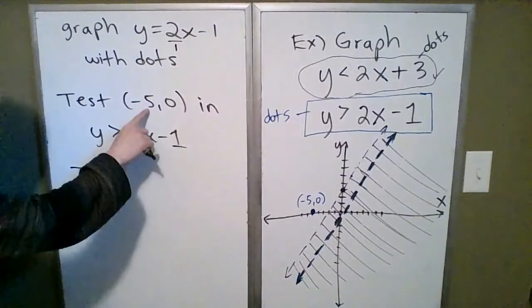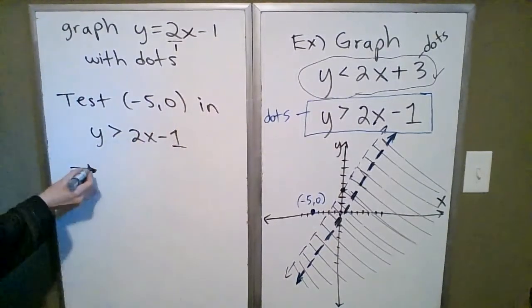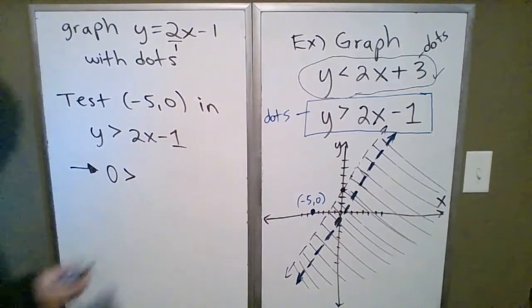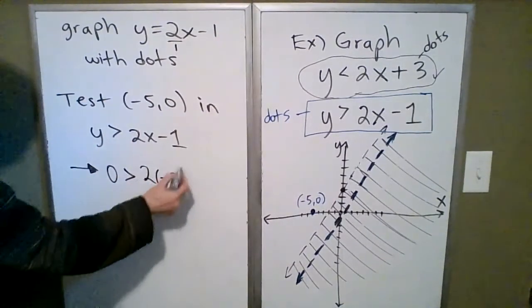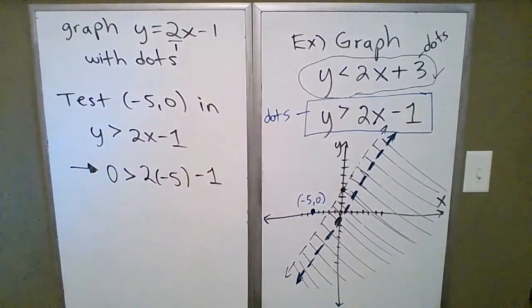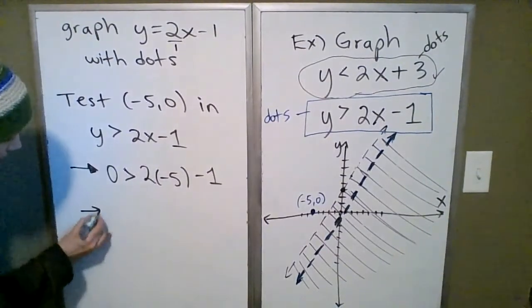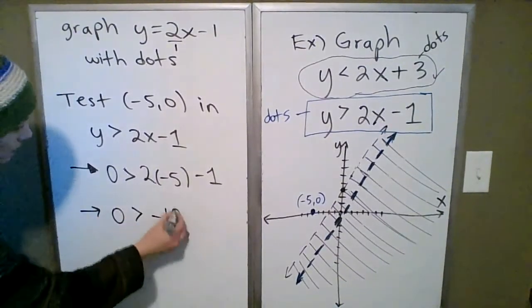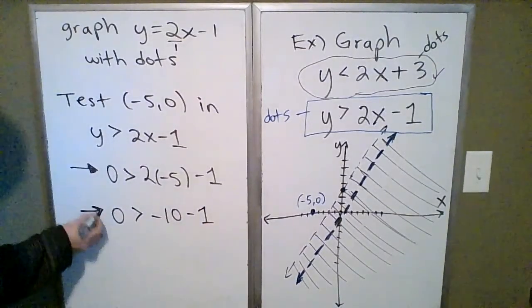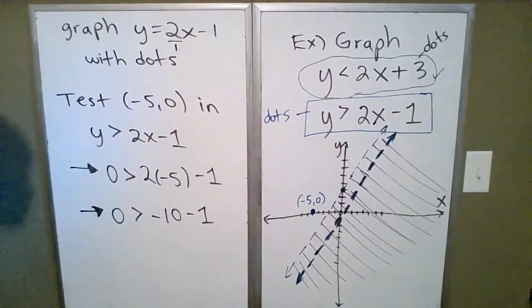Okay. I've got 0 for y. Now have 2 times -5. So guys, 0 greater than -11.